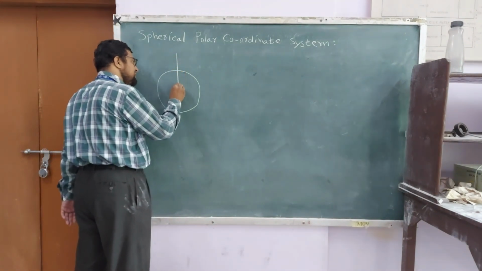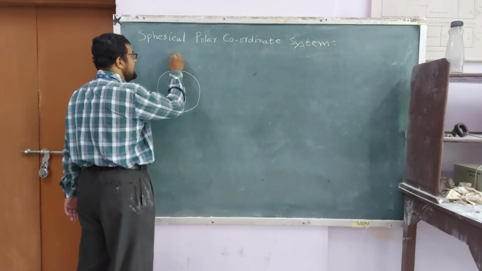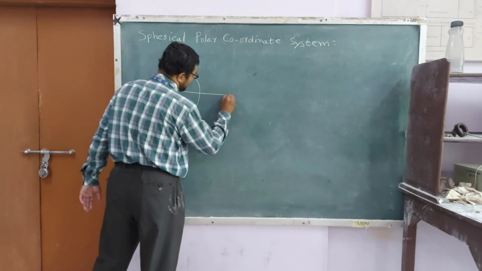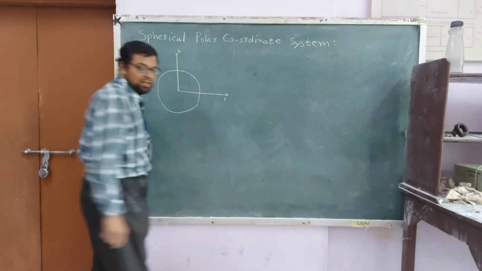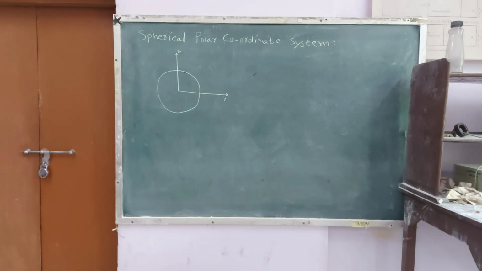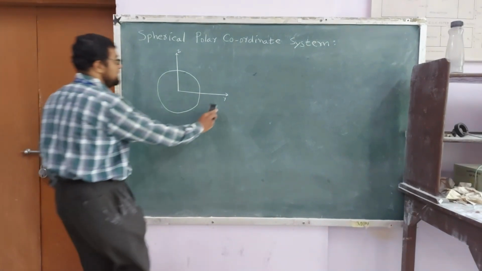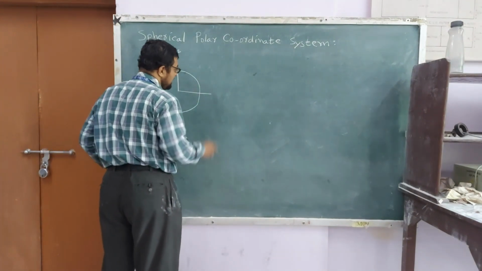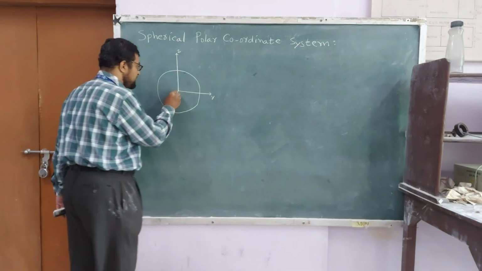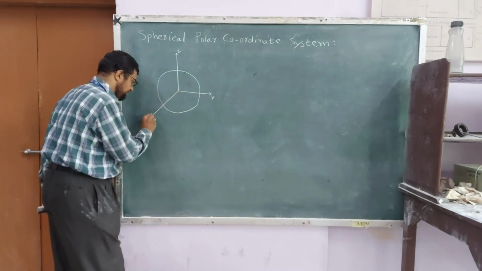So this is nothing but our z axis here. This is y axis. I will draw it rather smaller because we require a lot of space there. So this is our y axis. And this one is our x-axis.